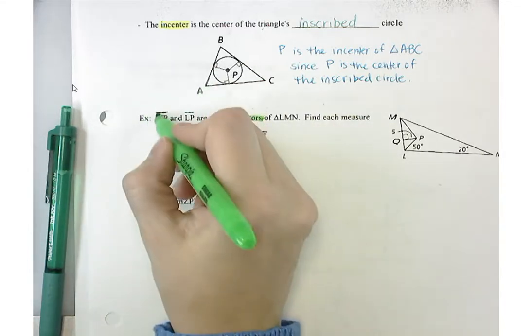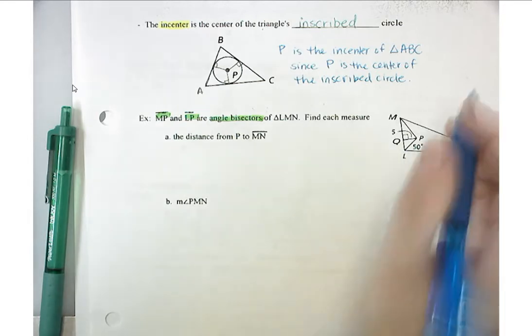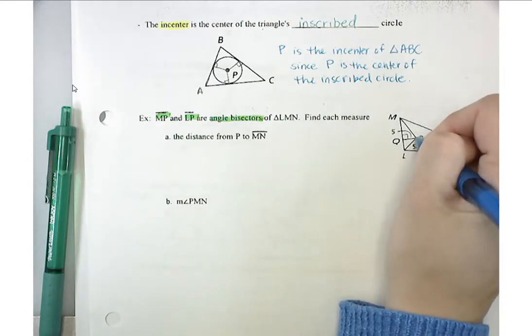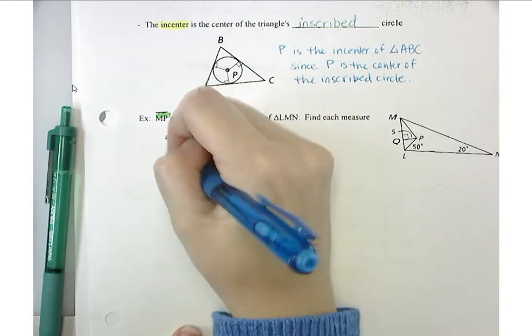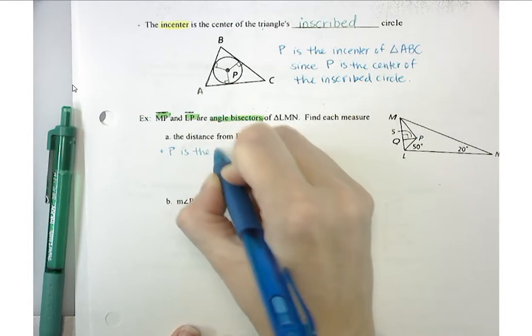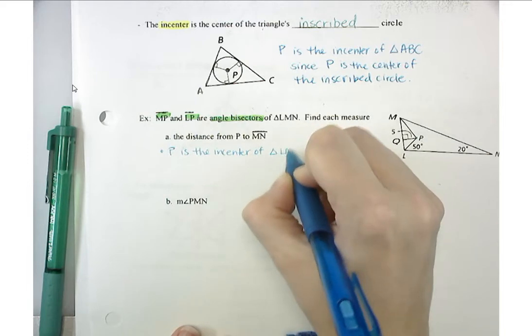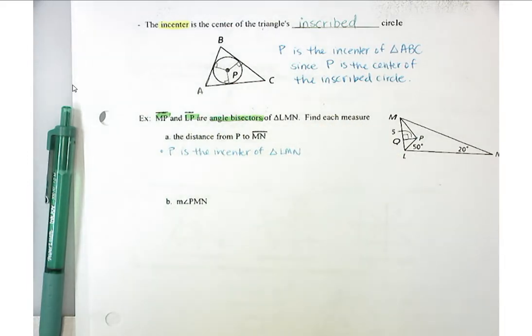So the first thing we're going to do is find the distance from P to MN. What we know is that P is the incenter of triangle LMN. So remember, the incenter is where the angle bisectors meet.